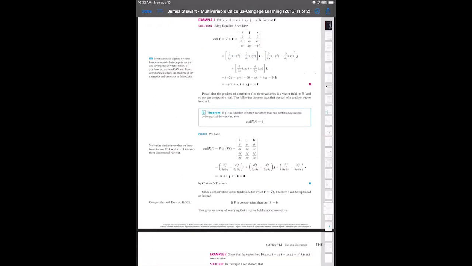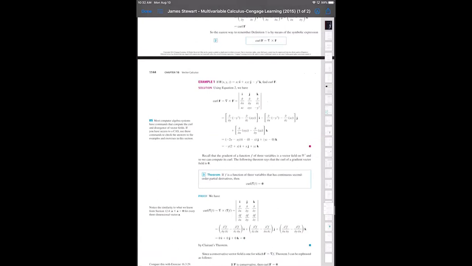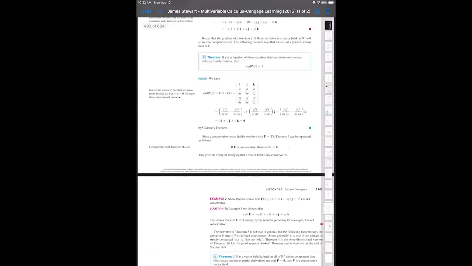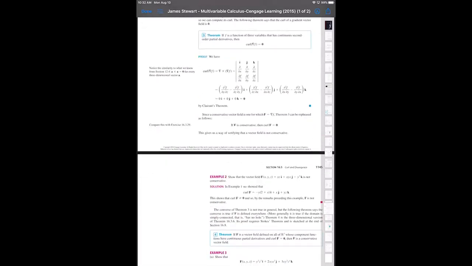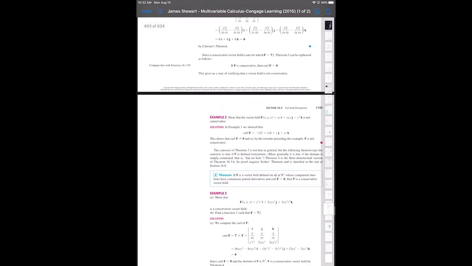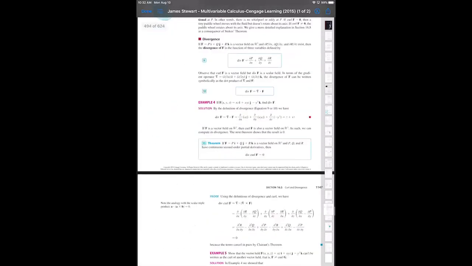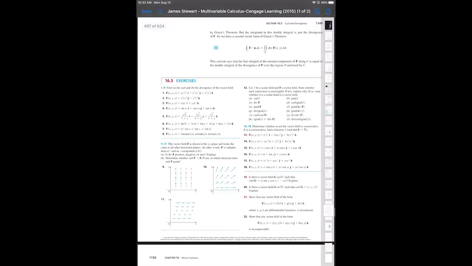If the curl of a gradient is 0, is it possible to have... show that the vector field is not conservative, these kinds of questions. Okay. So I would like you to do this homework here.